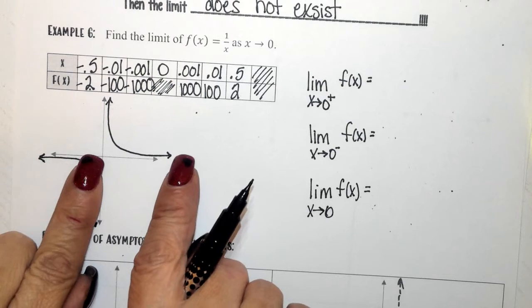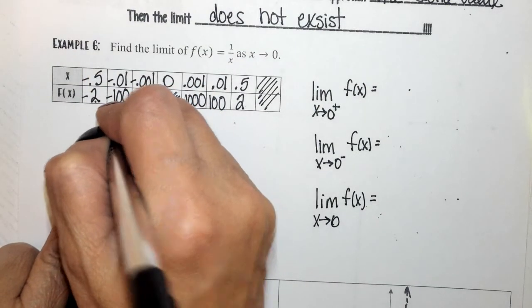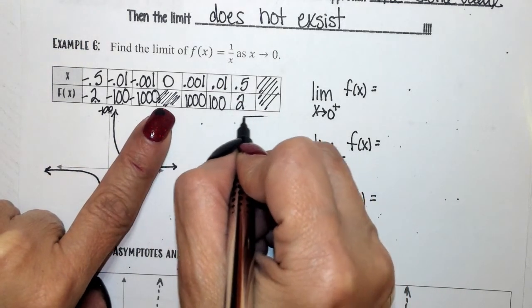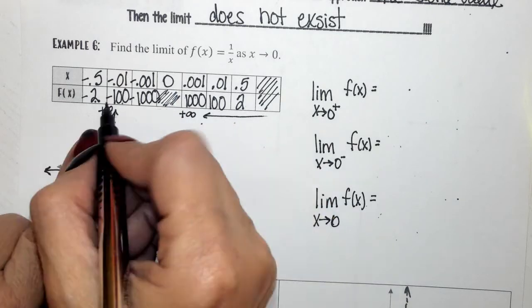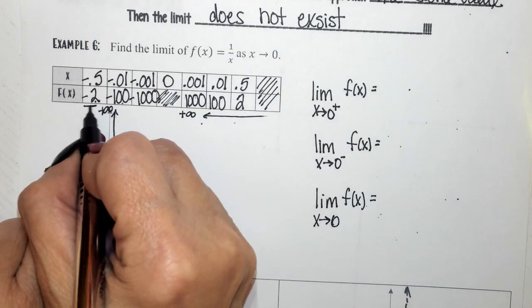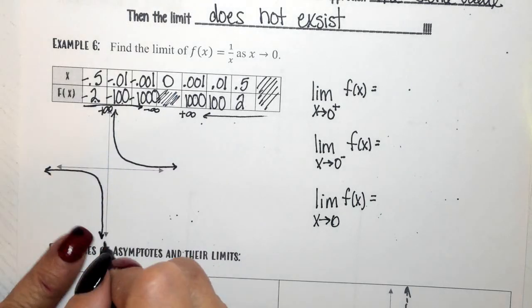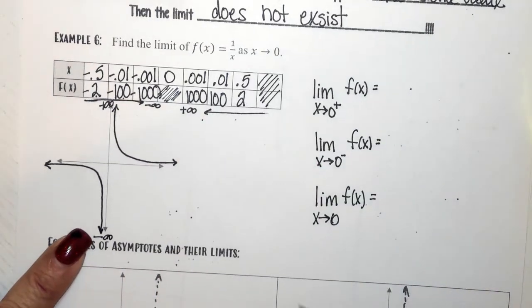So something's going on because I've got an undefined situation. What I notice is as I come in from the right, this is going up to positive infinity. And as it gets closer to 0 and comes in from this way, this way is going to negative infinity. So this way is going down really fast, and this way is going up.